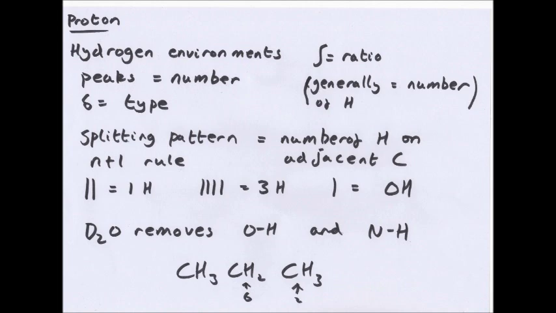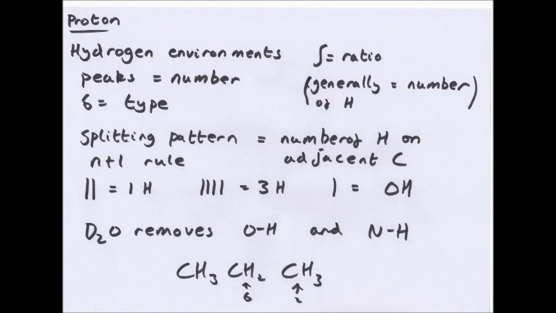Or hextet, rather. And we have the rule called the n+1 rule, which means that if n equals the number of hydrogens on adjacent carbons, the number of peaks at that one point is one plus the number of hydrogens on adjacent carbons.